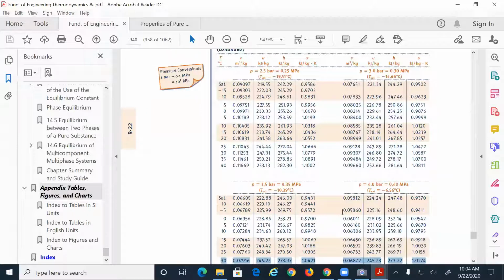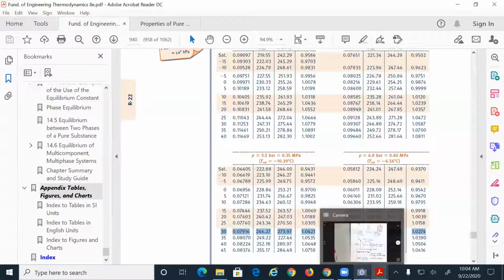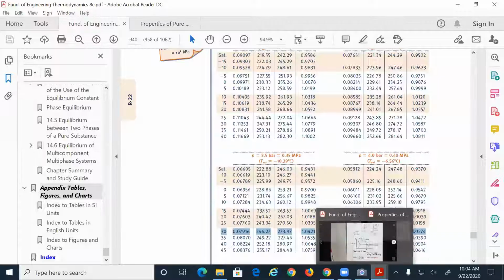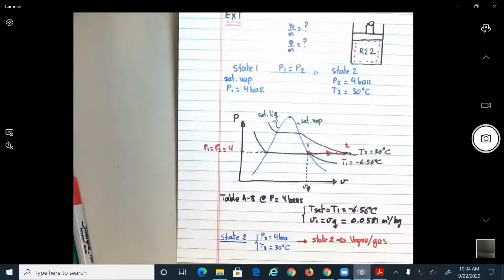V values are in the first column. So the value of V2 will be 0.06872. If you want, I'm going to go down to this document over here and say: from table A9, at P equal to 4 bars and T equal to 30 degrees, we find that V2 is 0.06872. Okay? Let me go back here. I need to go to another page.